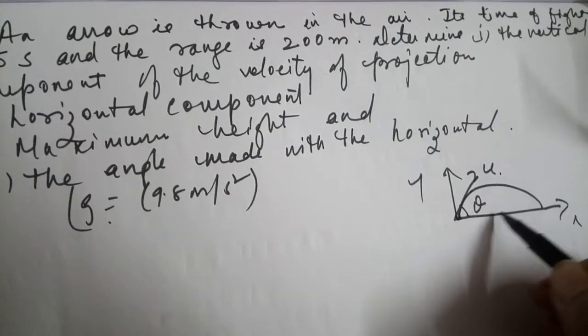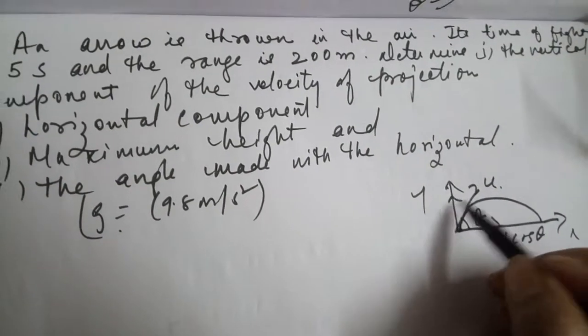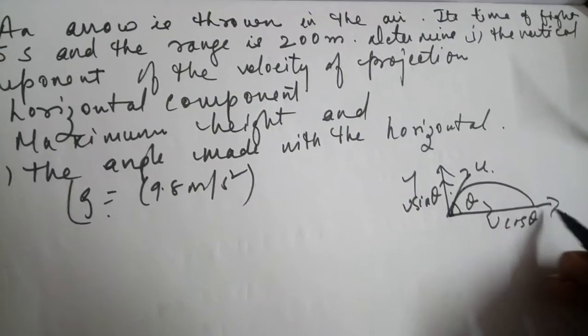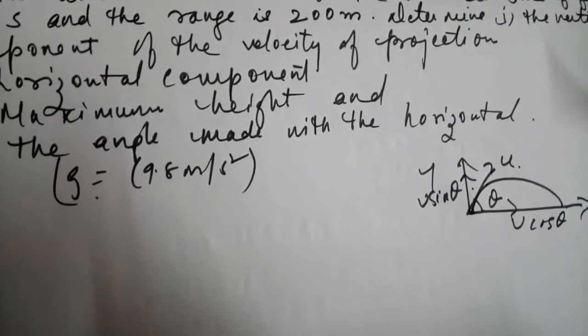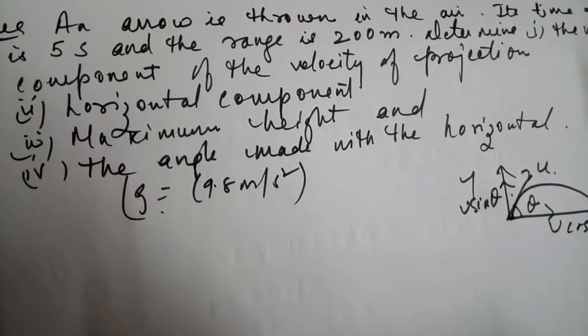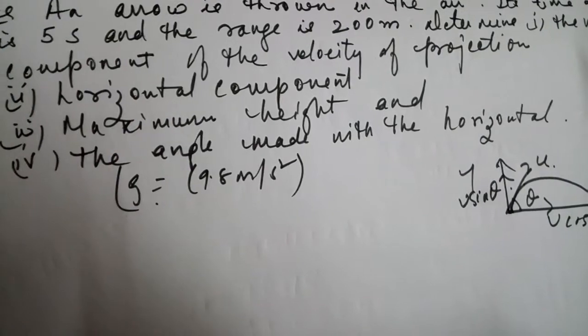If it makes an angle theta, the horizontal component is u cos theta and the vertical component is u sin theta. So in the first case, we need to find the vertical component, that means the value of u sin theta.